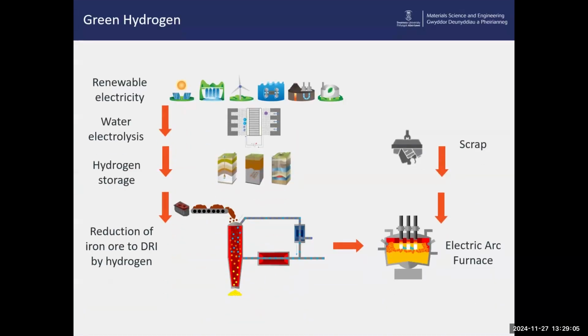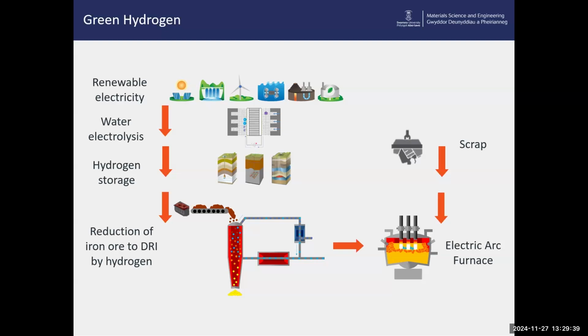The reason I wanted to mention it is that there are many different ways hydrogen can be produced. One of them is green hydrogen. This is a method of generating hydrogen which uses renewable electricity to make hydrogen from electrolysis, with oxygen being the only byproduct, and then with surplus hydrogen stored underground before being used for something called direct reduced iron, DRI, production, with water being the only byproduct.